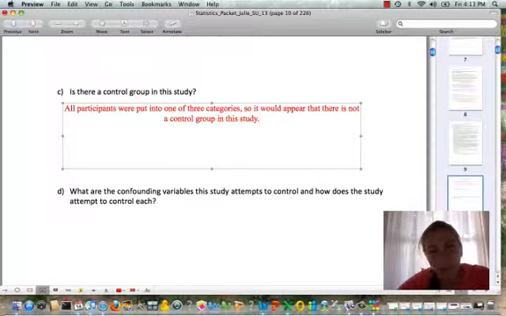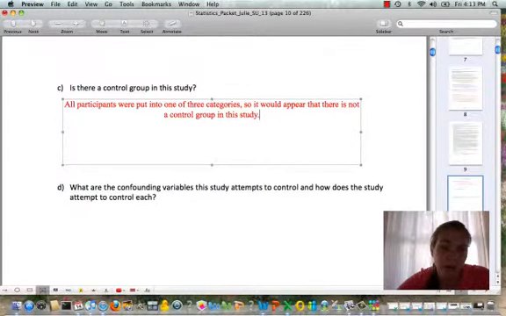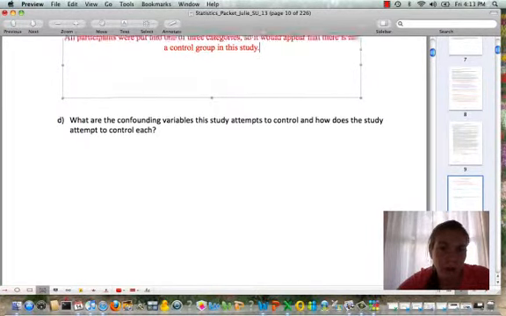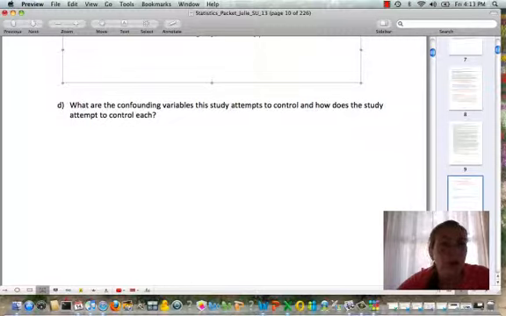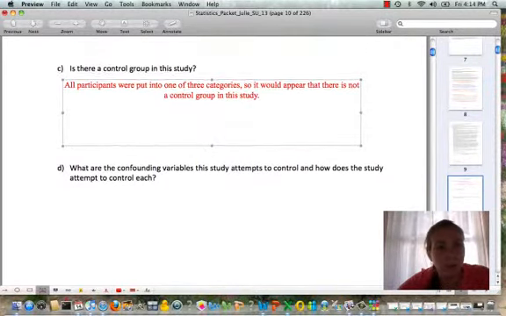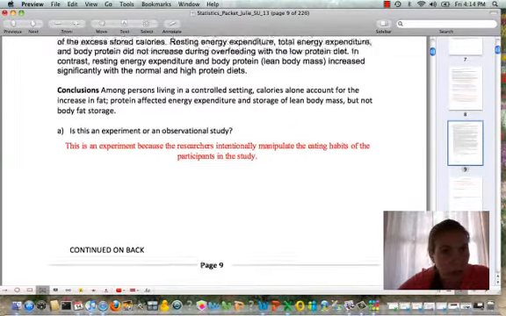Question D asks, what are the confounding variables the study attempts to control, and how does this study attempt to control each? So one thing the study is controlling is how much protein each participant eats. Let's look back and see what else the study is controlling.